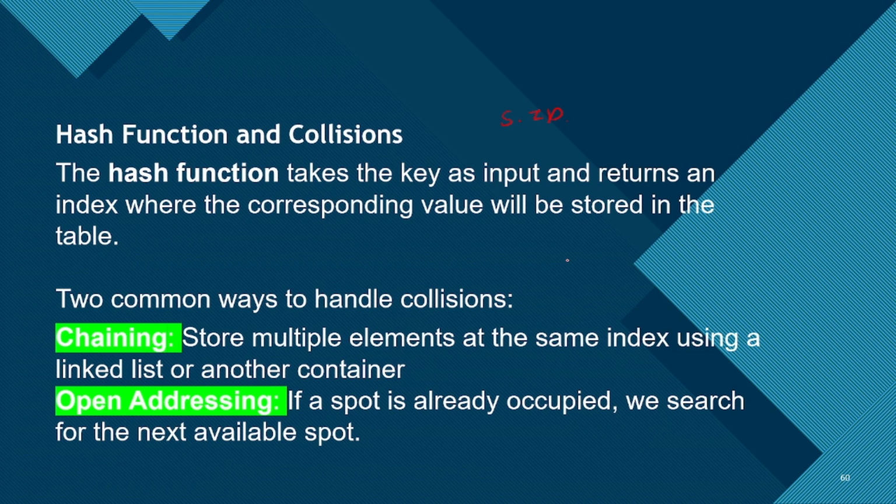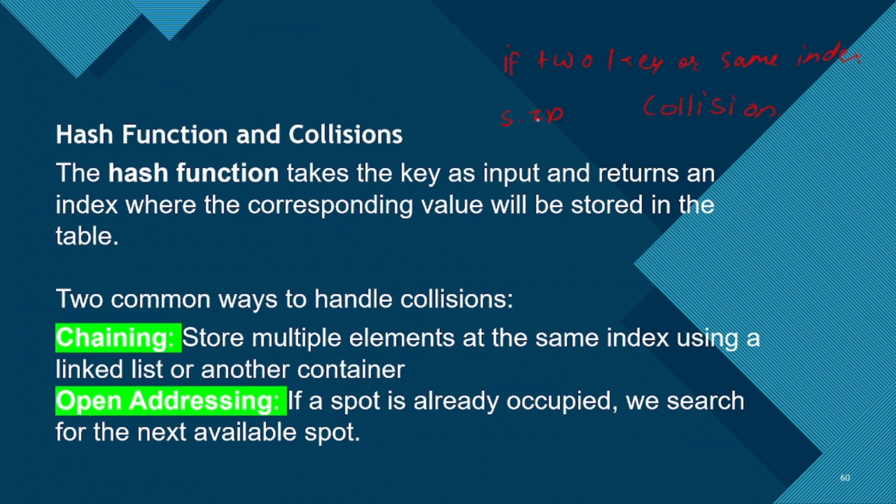However, what happens if two keys end up with the same index? This is called a collision. If two keys map to the same index, then we call it a collision. For example, if two student IDs hash to the same index, we have a problem.